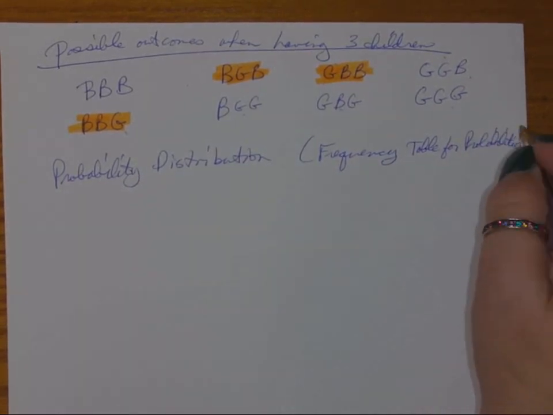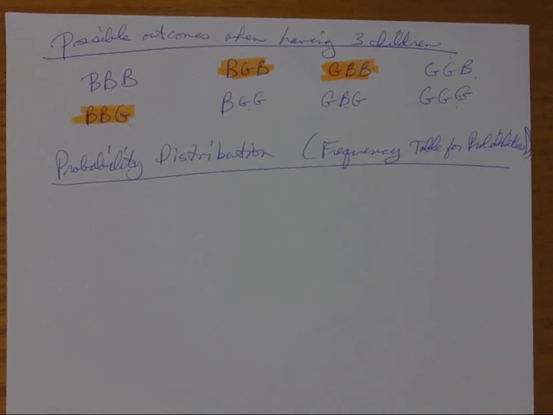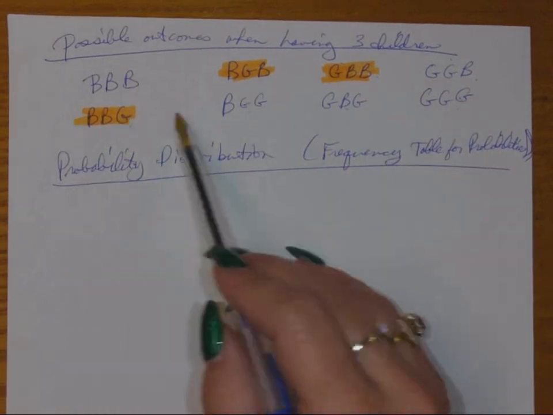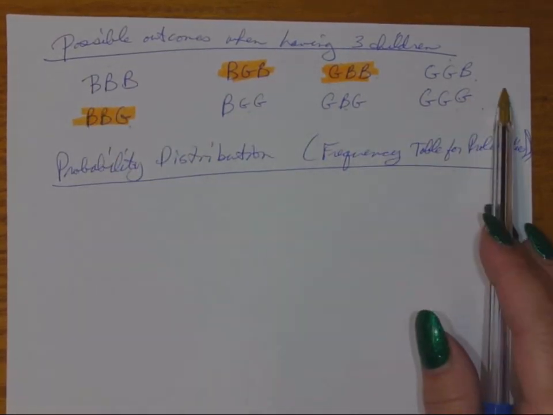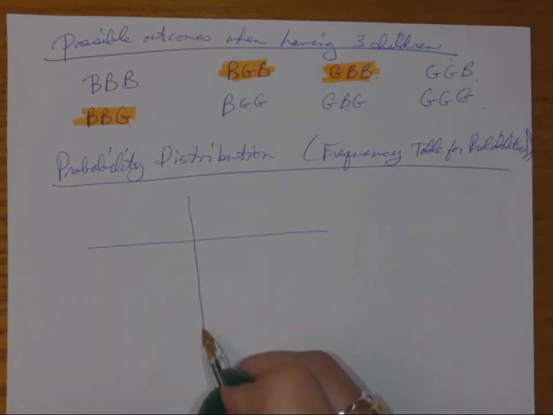Okay, that's how I think of it. Okay, probability distribution. Okay, so basically, whenever we do this, we're not going to list these as individual outcomes anymore. So here I have the 8 total outcomes. Instead, it's going to be kind of like this.